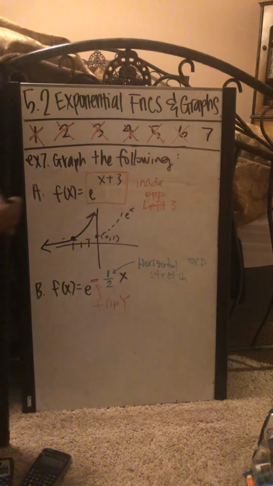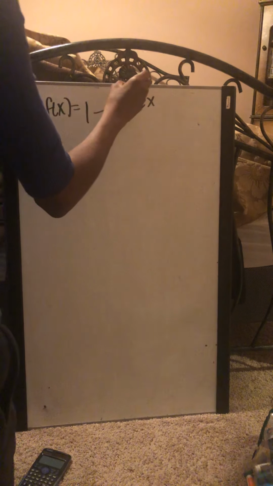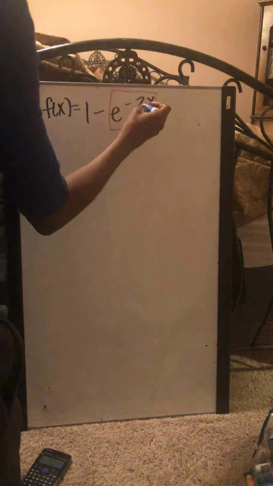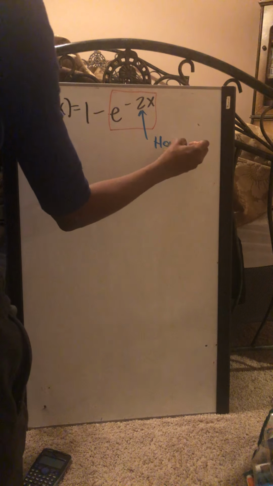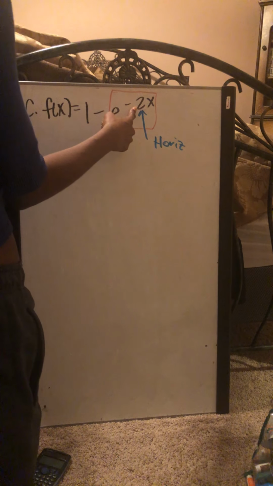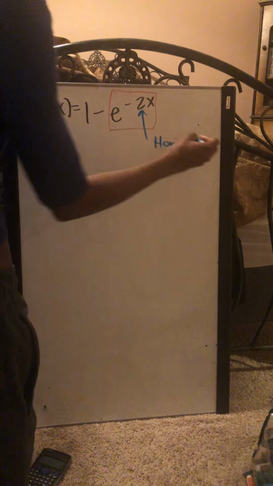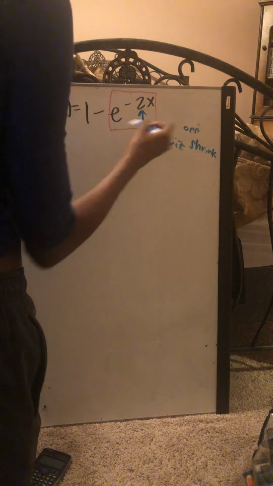All right. And then for the last one, we need to talk about what our basic graph is, which is just our exponent. Remember, you have to take everything here, and we talk about our differences. We have this 2, which is connected to the x, so we know it's going to be horizontal, and that looks like it's going to be a stretch, but it's really a shrink because it's on the inside, so we think opposite.